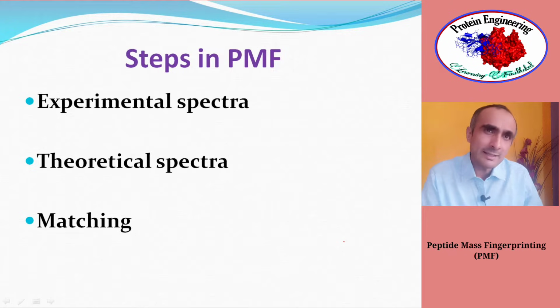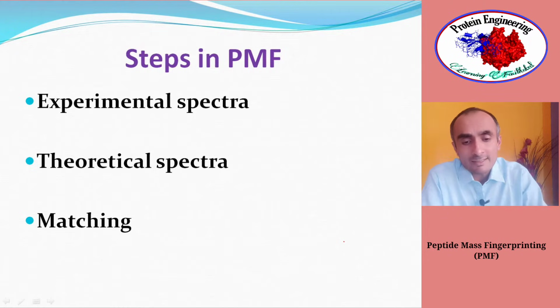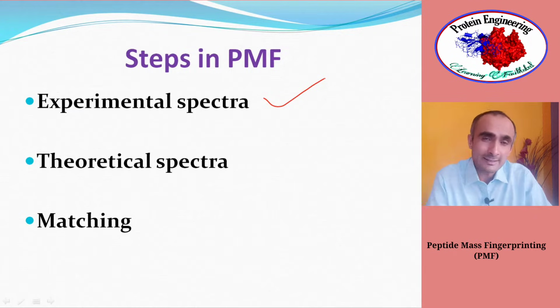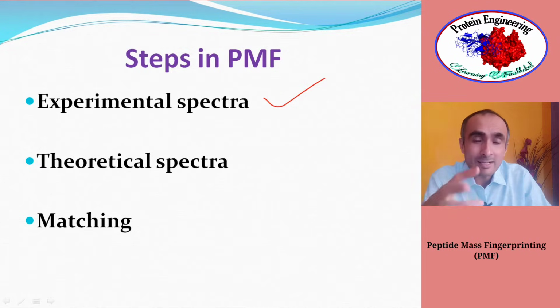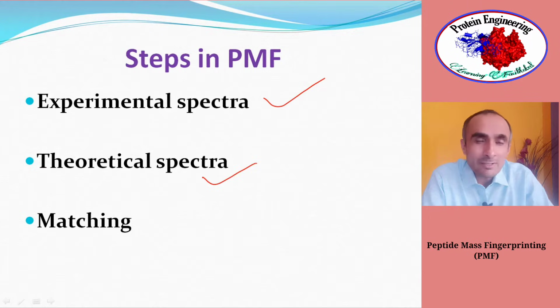And there are three steps in peptide mass fingerprinting. In the first step, there's a formation of experimental spectra. The protein of interest is cleaved using a protease, some enzyme which can hydrolyze protein into peptides, and that mixture of peptides is run into a mass spectrometer, and the experimental spectra is obtained. Then theoretical spectra is also obtained.